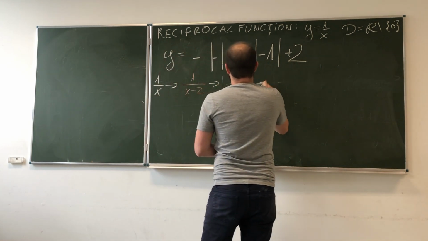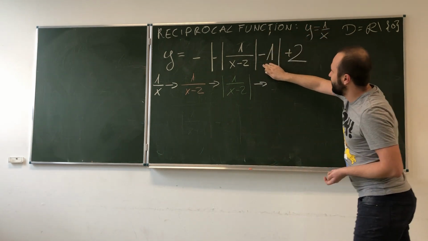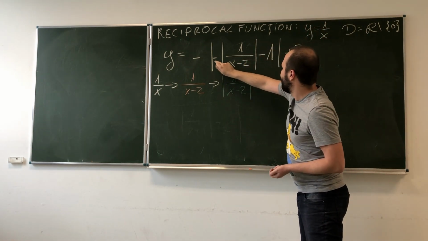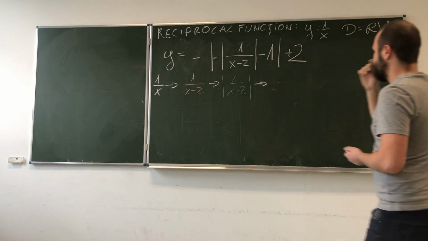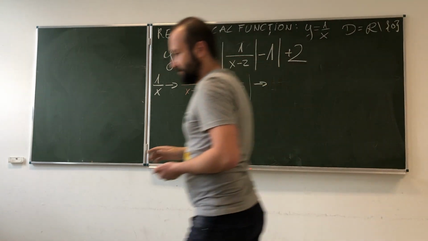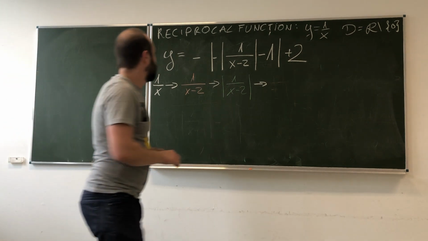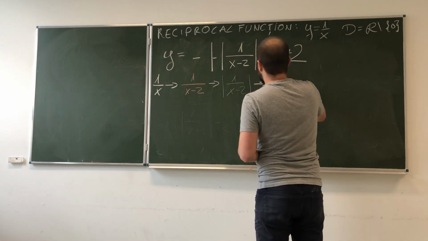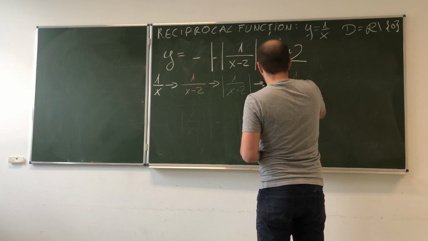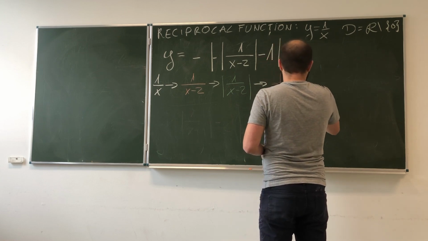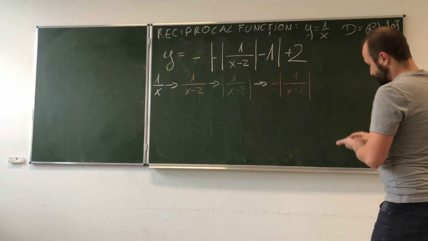Then, in the next step, we should probably get rid of this minus. Unfortunately, this one is going to be a little complicated. So we will have minus 1 over x minus 2.